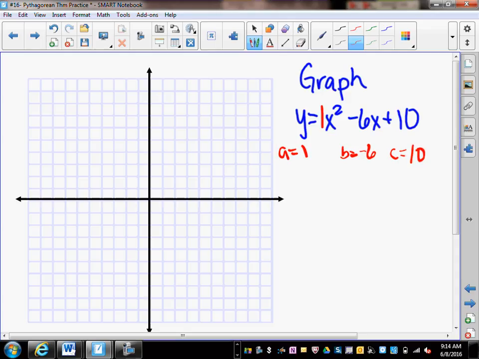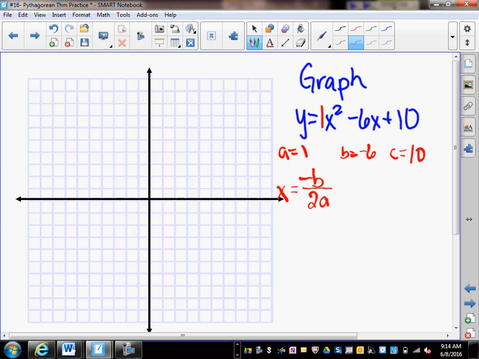Now, our parabola we know looks something like this. We need to have our vertex, and then some points to be able to graph it, right? So we need to start off finding our vertex. We want to first find -b/2a. That'll give us both the x value of the vertex as well as the axis of symmetry.